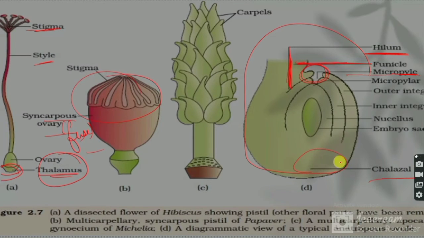This is the embryo sac, and outside the embryo sac is the nucellus. This is the inner integument, the protective layer, and this is the outer integument, and this end is the micropylar region. Opposite the micropylar end is the chalazal point.